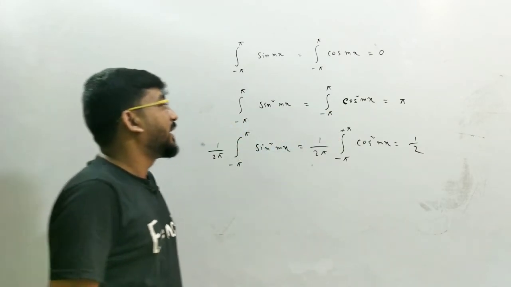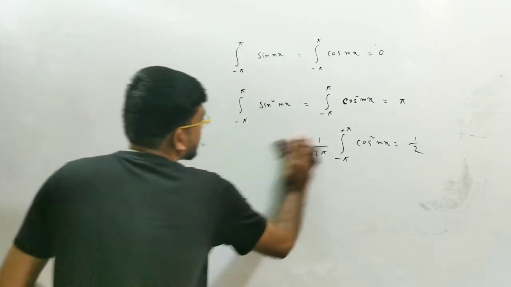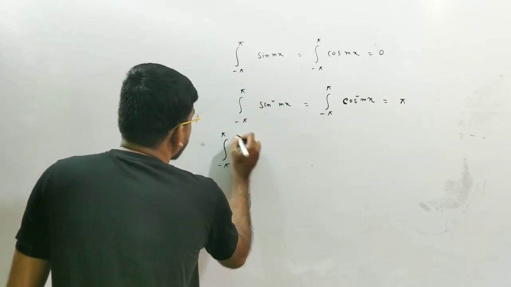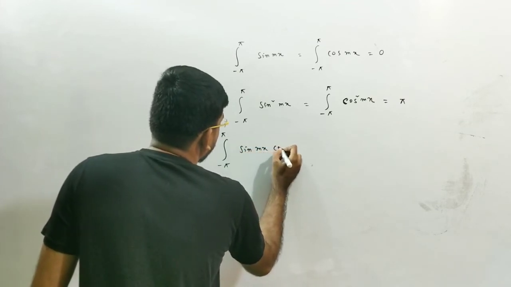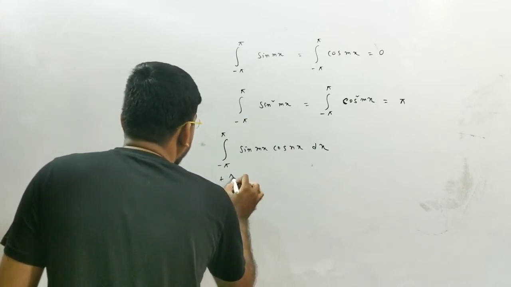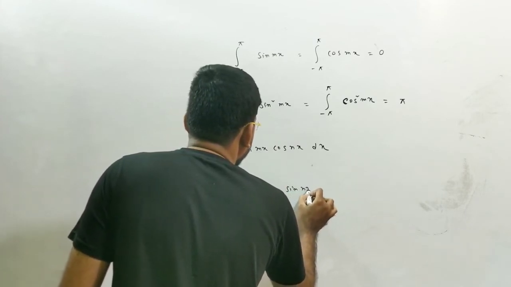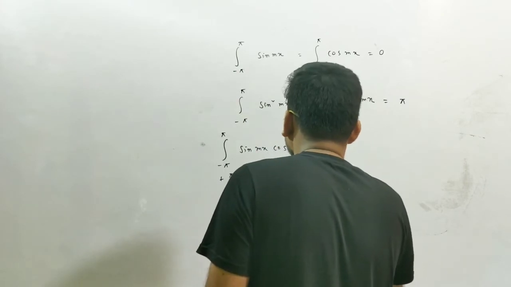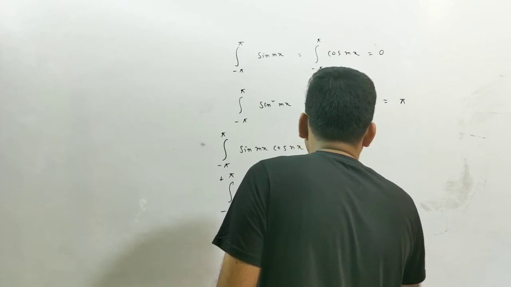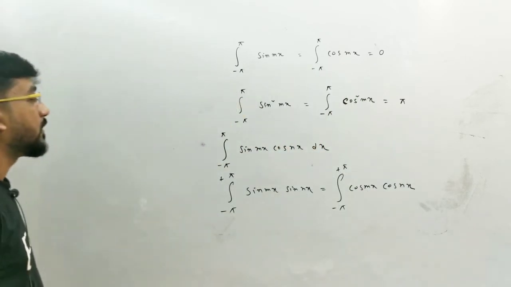And if you have a multiplication of these two, suppose you have the integration from minus pi to plus pi of sin mx cos nx dx, or the integration from minus pi to plus pi of sin mx sin nx, or cos mx sin nx, cos mx cos nx.